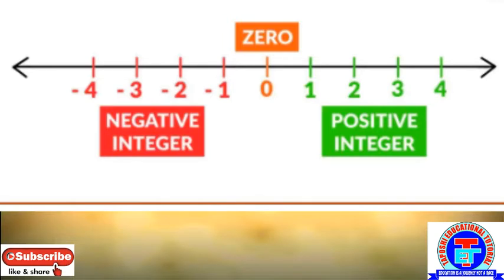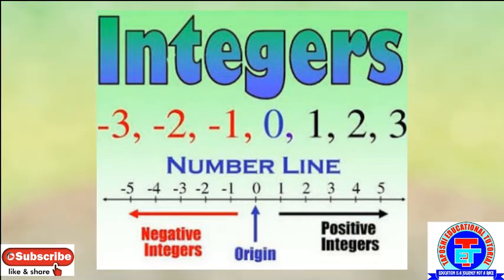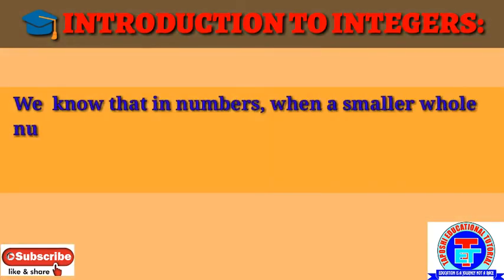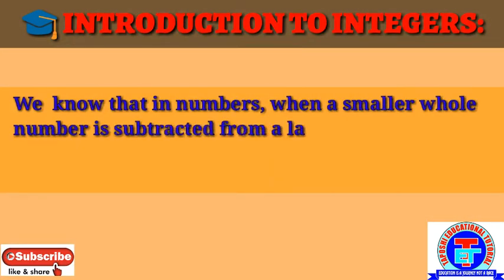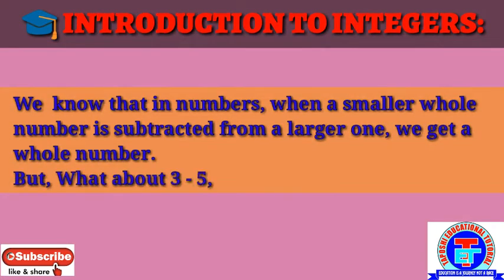Now dear student, here we understand the integer. We know that in whole numbers, when a smaller whole number is subtracted from a larger one, we get a whole number.